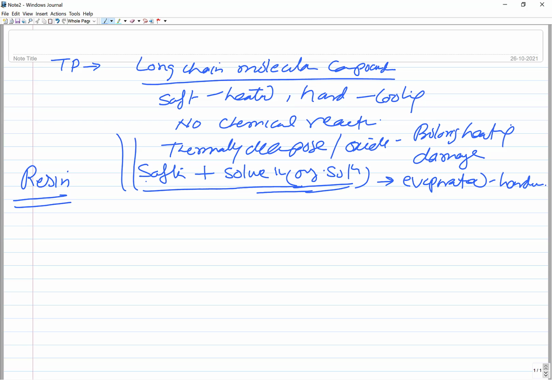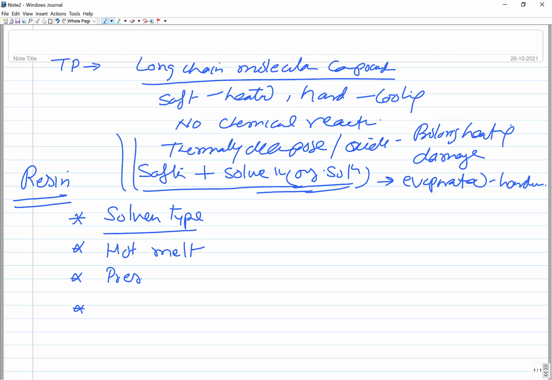Okay, so now coming to the types of the adhesives, or these resins, the way by which they respond. There are four common types of adhesives. One is solvent type. The second is hot melt type.